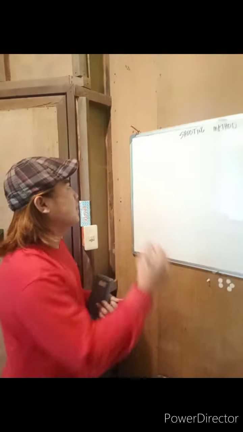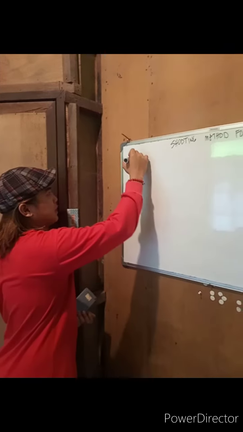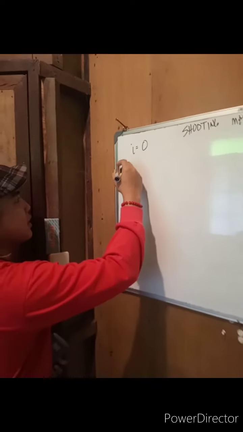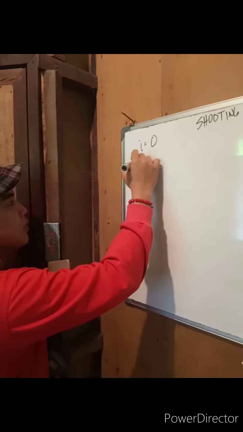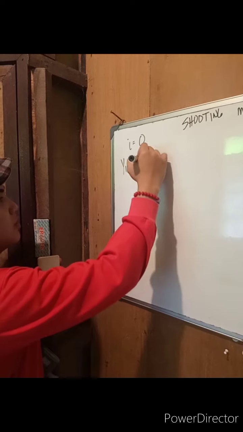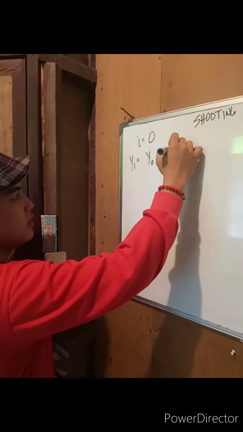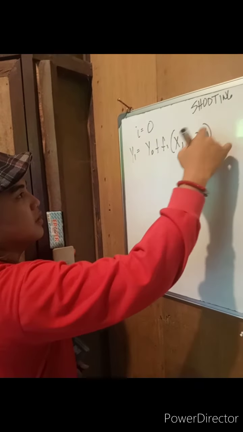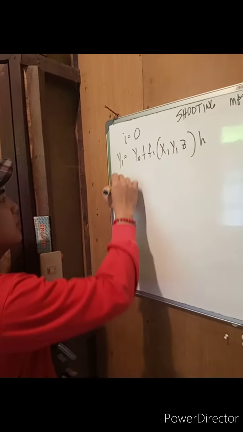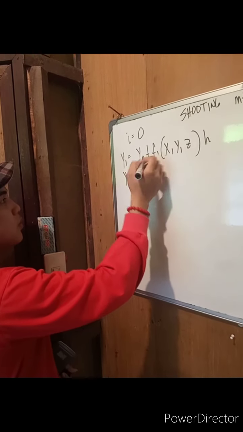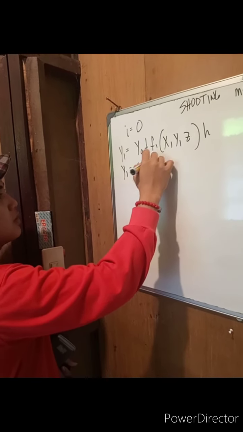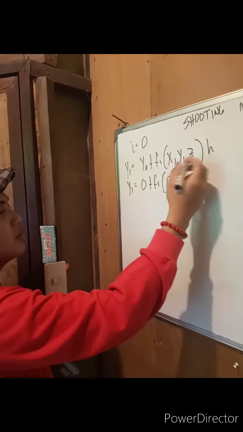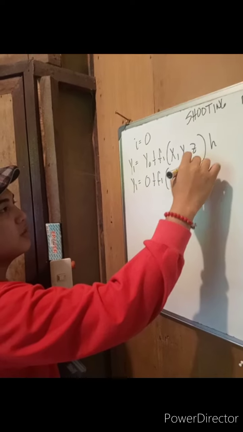Okay, ngayon naman gagawa naman tayo ng susunod natin, gagamitin natin ito na yung i natin is equal to 0. So ito na mangyari niyan. Y1 is equal to y sub 0 plus function ng 1 times (x, y, z) times yung height niya. So y1 is equal to y sub 0 natin is 0 plus function ng 1, x natin is 0, y natin is 0, and yung z natin is 4.